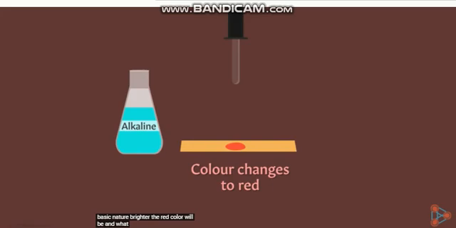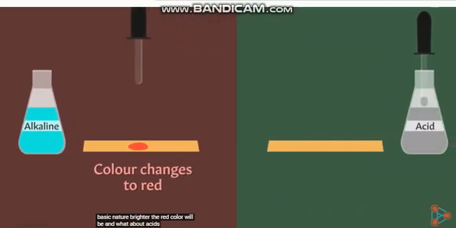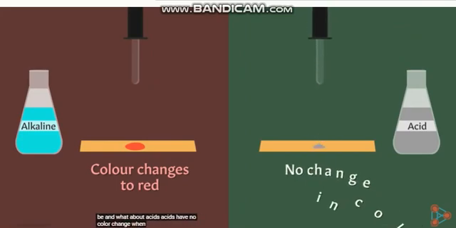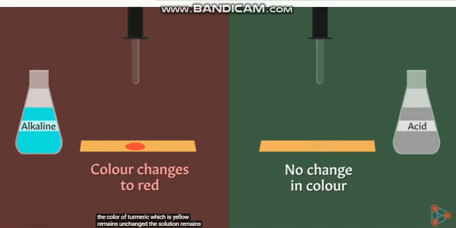The basic nature is brighter. It means it has more of the base, and in acid the turmeric will not change its color. So if a solution is basic, it will change into red color, and if it is acidic, it will remain unchanged.